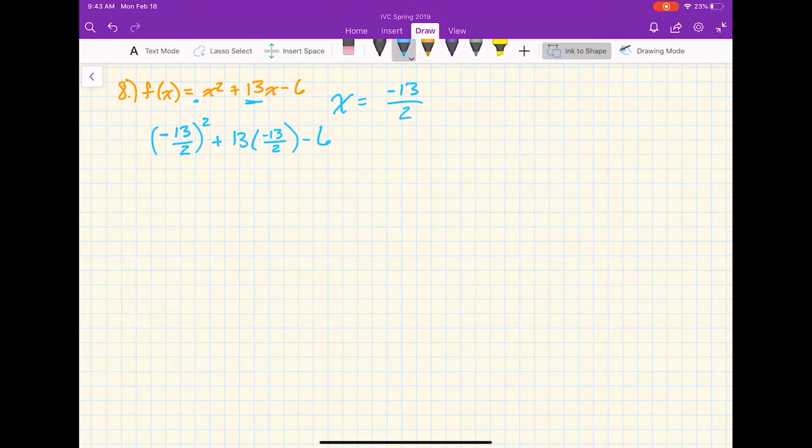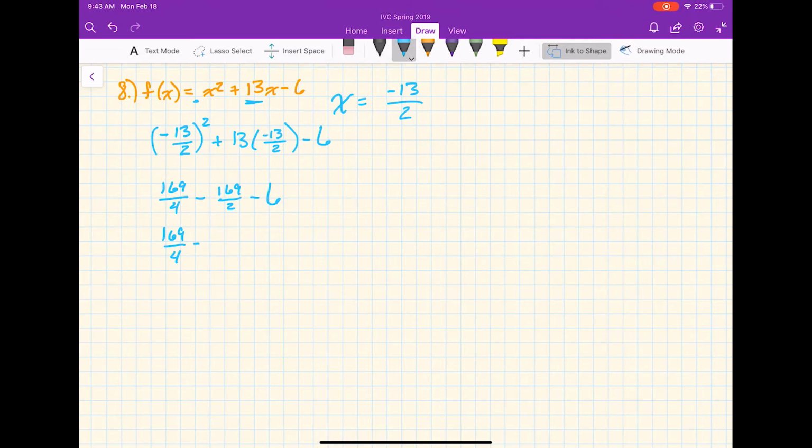All right, negative 13 times negative 13 is 169 over 4, because 2 times 2 is 4, minus, because 13 times the negative 13 is going to give us 169 again, but over 2, and minus 6.